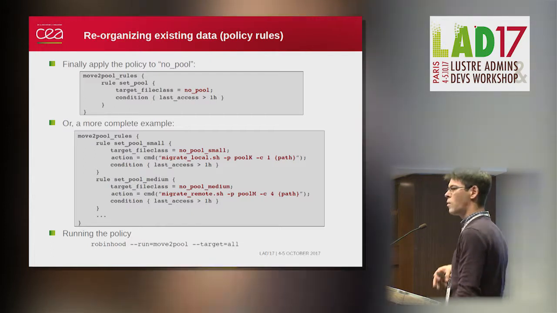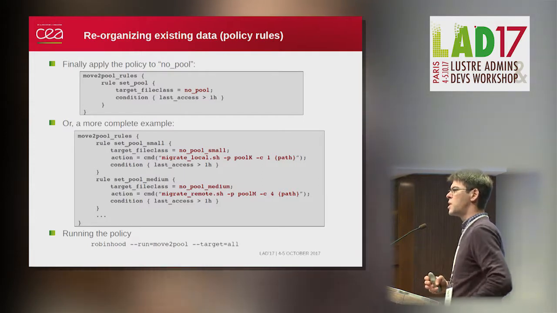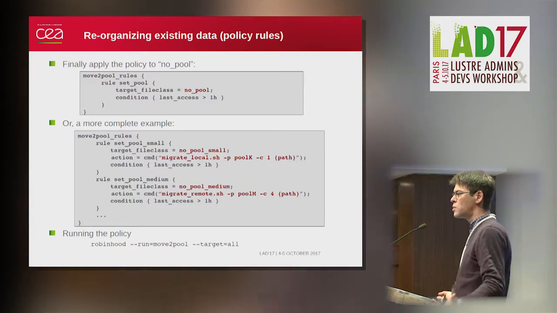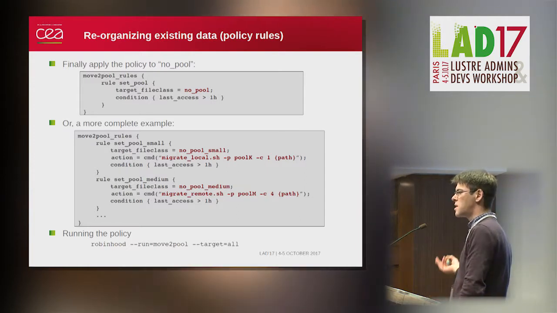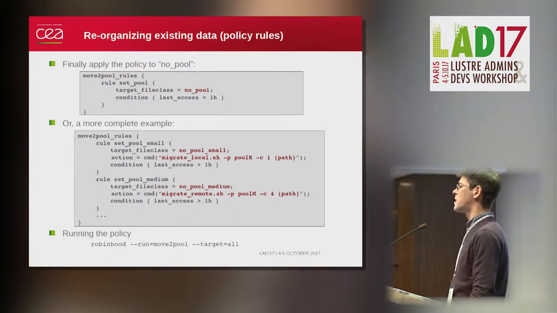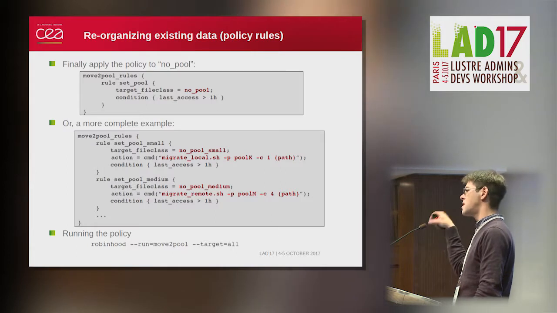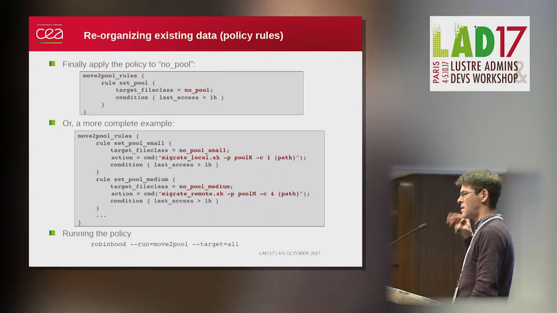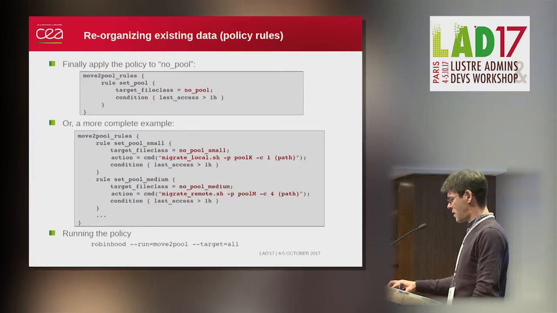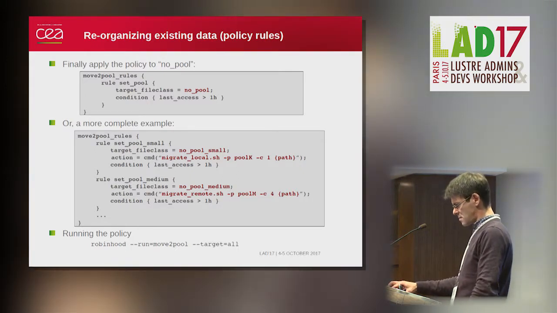And for larger files, it may be good to distribute the LFS migrate operation on multiple nodes to maximize the bandwidth. So in this case, for larger files, we call a migrate remote script that basically could do SSH to some node and LFS migrate. So this allows running this operation faster.